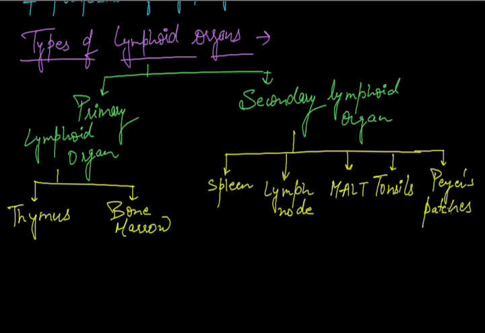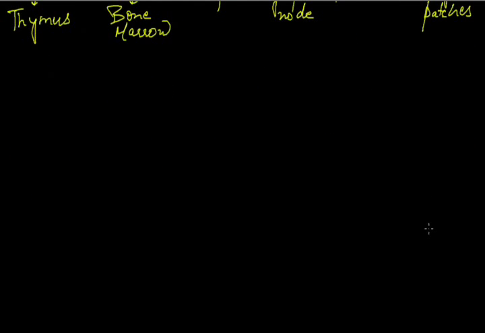So these are the primary and secondary lymphoid organs. Now we're going to discuss each one in detail. First we are going to study primary lymphoid organs.